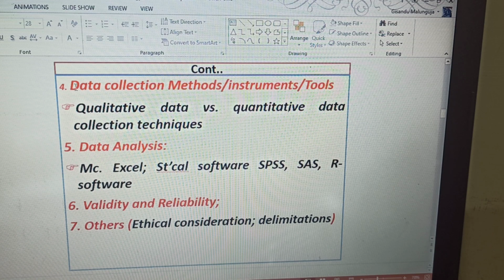Also, we have the section on the data collection method, instruments, or tools for data collection. Under this section, a researcher tells the exact methods that are going to be used for data collection.